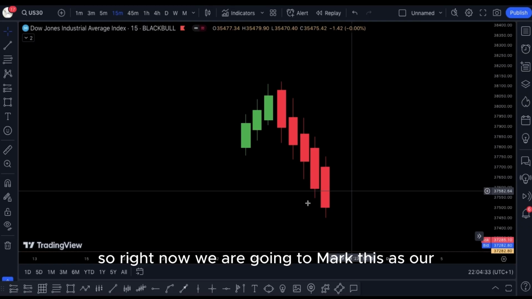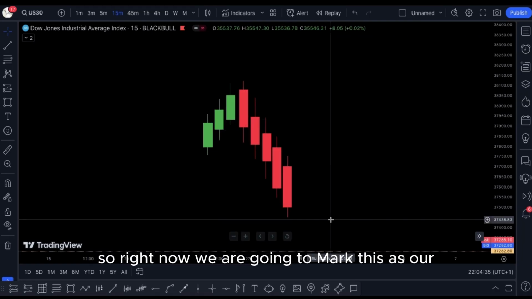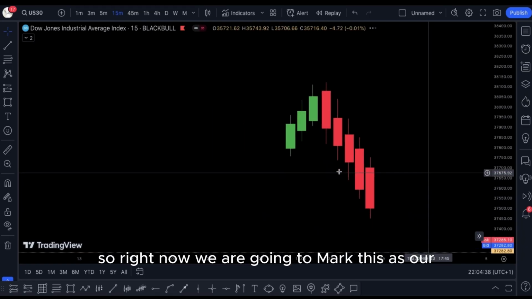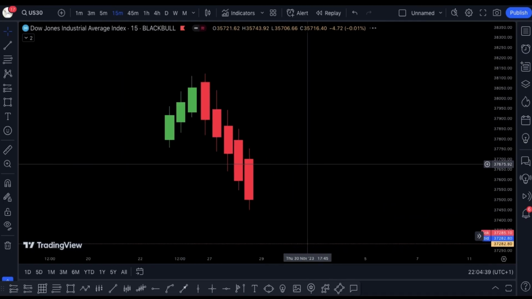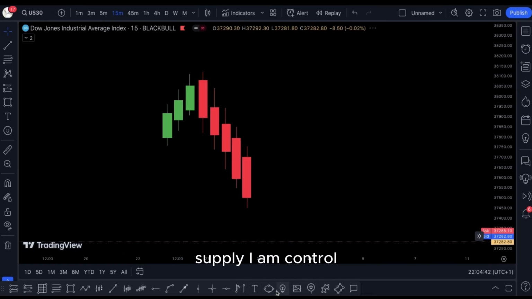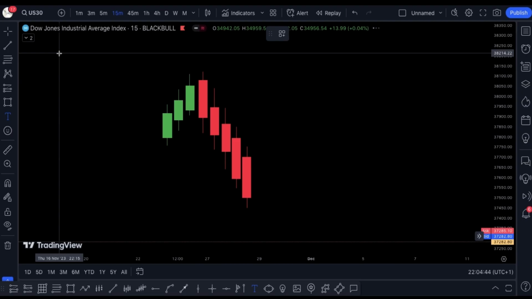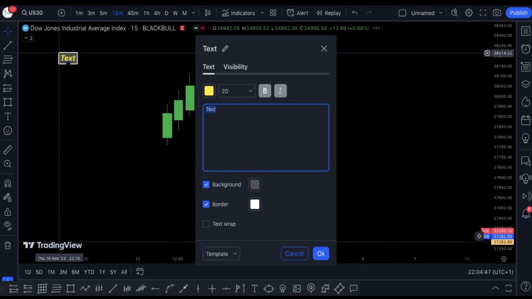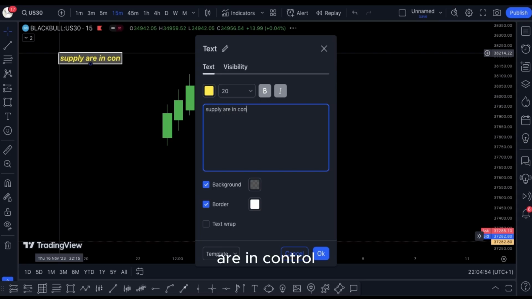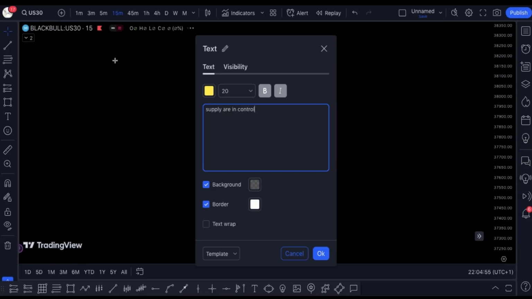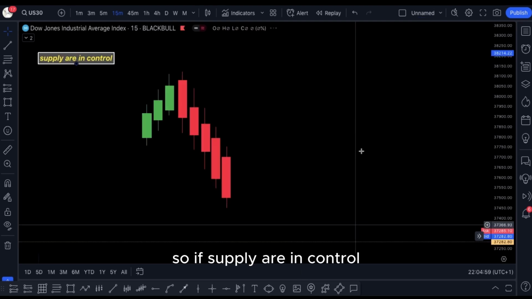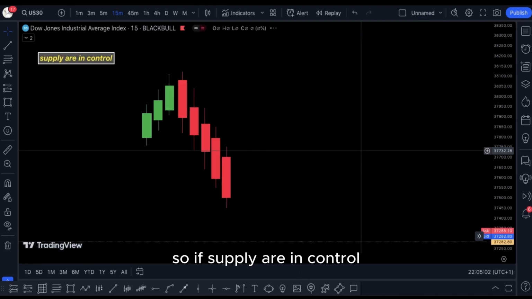So right now we are going to mark this as supply are in control. So if supply are in control, we are going to mark out our return to the zone.